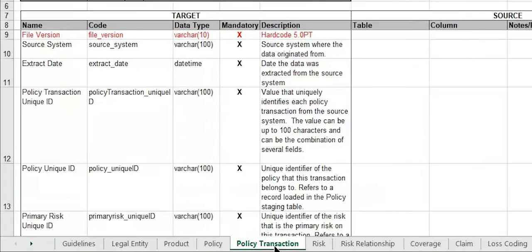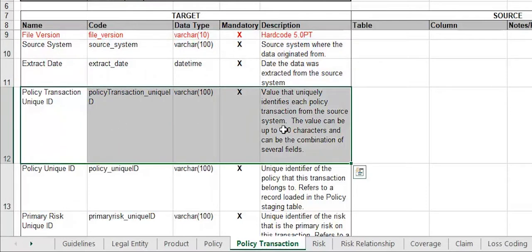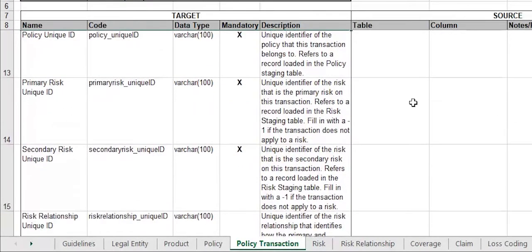On the Policy Transaction tab, again we have the same headers, row 9 to 11. In row 12, we see the Policy Transaction Unique ID, a value that uniquely identifies each policy transaction from your source systems. This can be just a generated number.